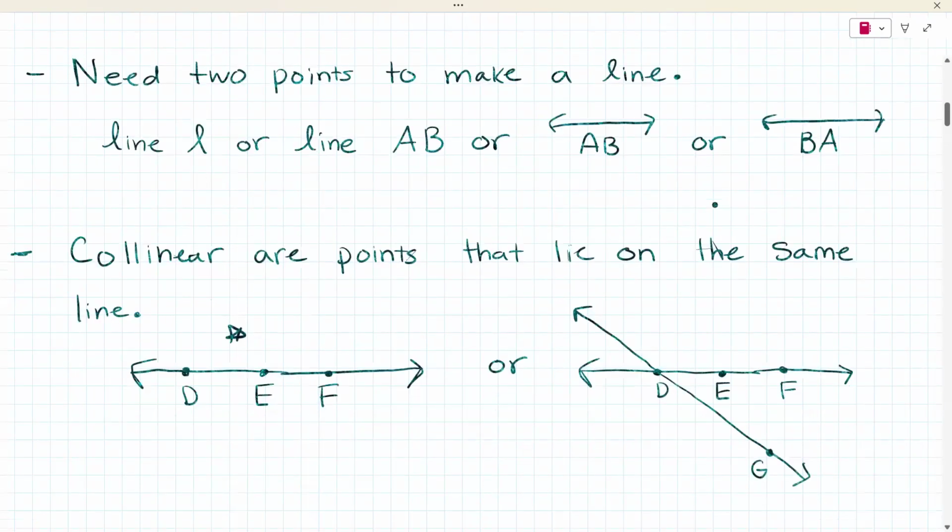And this is also, if you put this extra line here, line DG, that would be collinear because it's on the same line. So you have two collinear lines, this one and this one. Okay, so that's what collinear means.